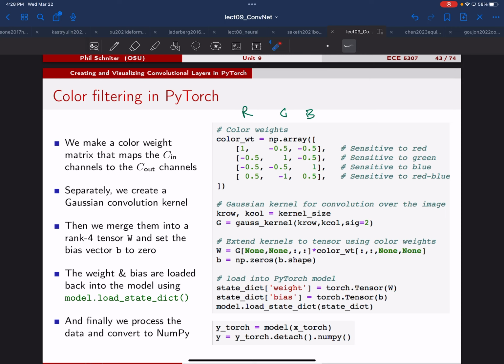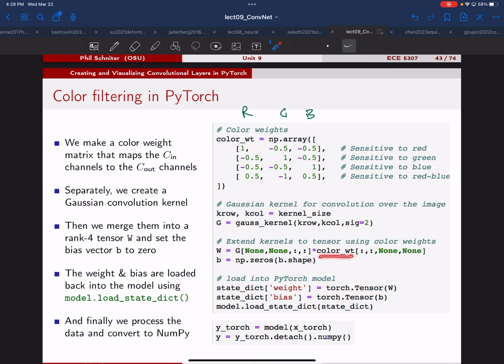So what we do is we take the Gaussian spatial thing, we expand it to a 4-way tensor, and we just use none, none, which, as we've seen before in other labs and demos, is sort of a way of saying to PyTorch, just repeat as needed.